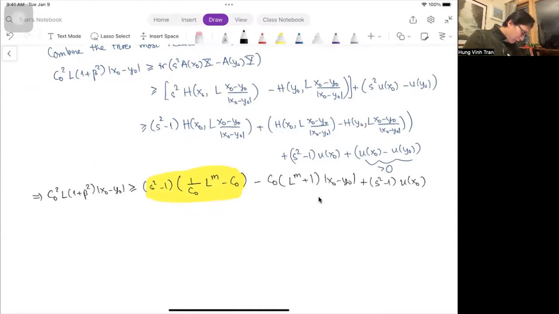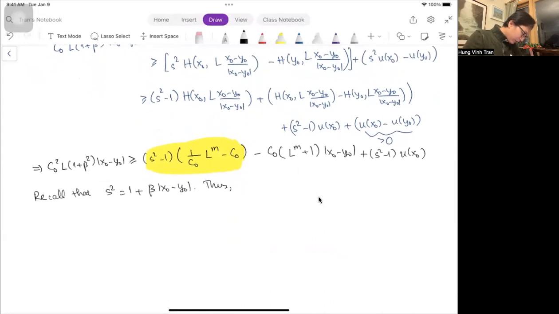And now recall that s squared was chosen to be 1 plus beta times x naught minus y naught times the length. Thus, if we plug this one in, we get c naught square L 1 plus beta square, the length of x naught minus y naught, is greater than or equal to beta times x naught minus y naught.